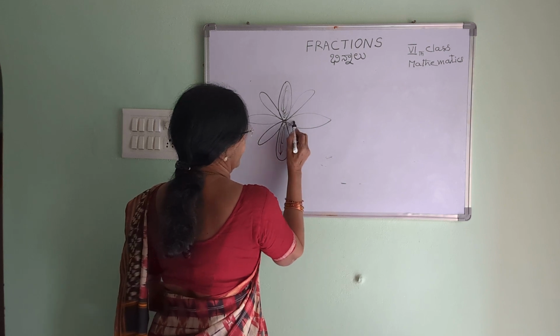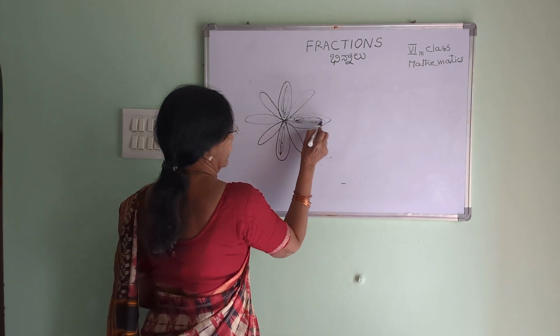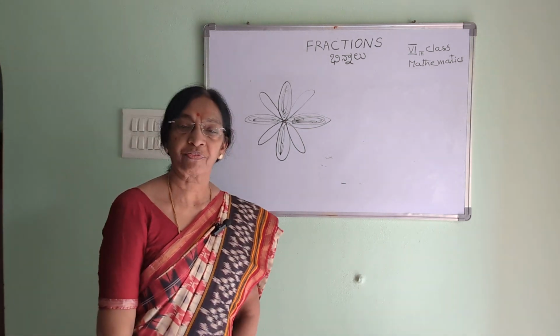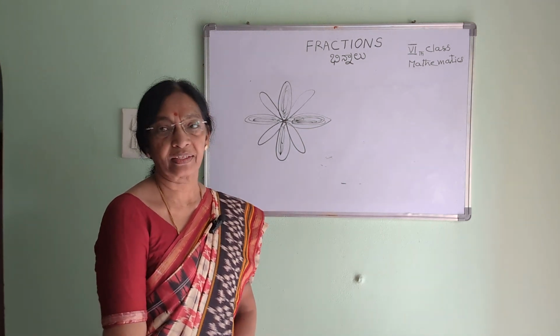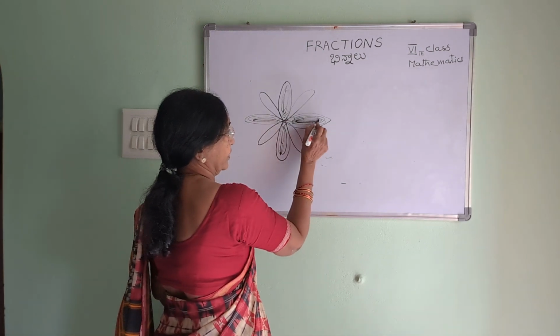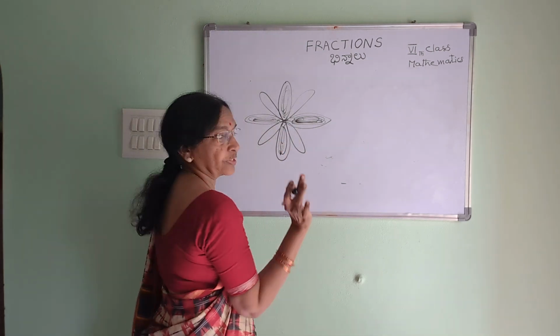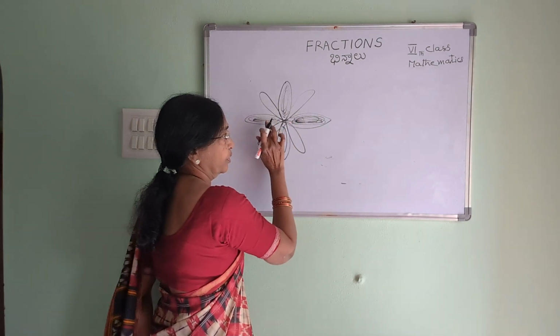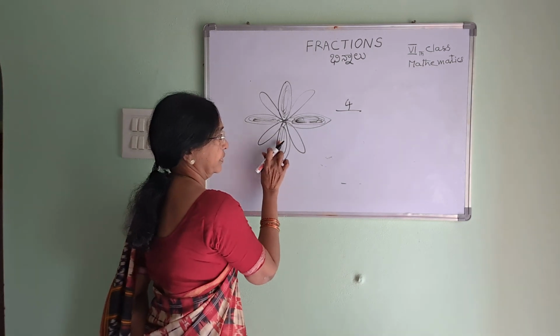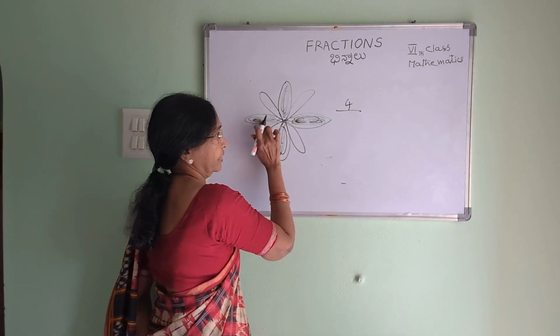This is colored. This is colored. So what fraction of this figure is colored or shaded? Number of colored equal parts: 4. Total number: 1, 2, 3, 4, 5, 6, 7, 8.